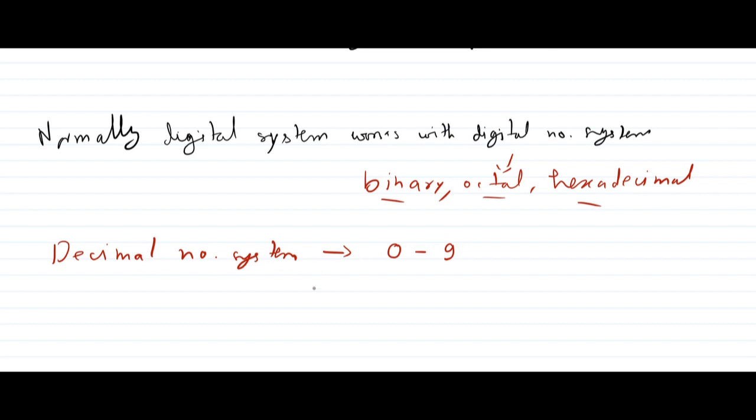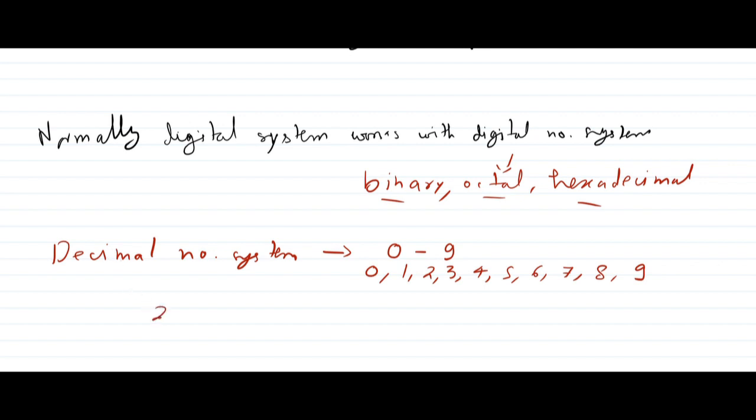The numbers we use are 0, 1, 2, 3, 4, 5, 6, 7, 8, and 9. Using these 10 different numbers, it starts from 0 and goes up to 9. So these are 10 different numbers, or 10 symbols, because all are different from each other. Using these 10 symbols, or coefficients, we can write any number in the decimal number system.